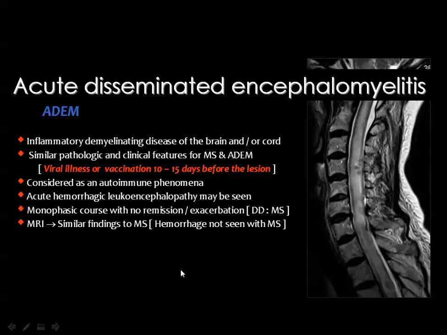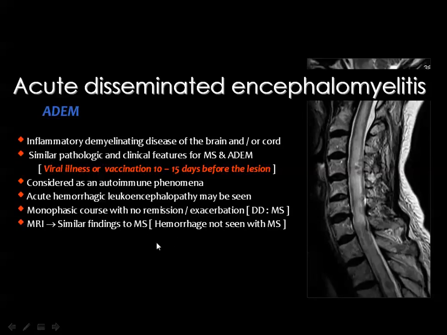The diagnosis of acute disseminated encephalomyelitis depends mainly on the history, since the appearance in the brain as well as in the spinal cord may simulate the appearance of MS plaques, and sometimes the clinical features of both lesions may overlap.